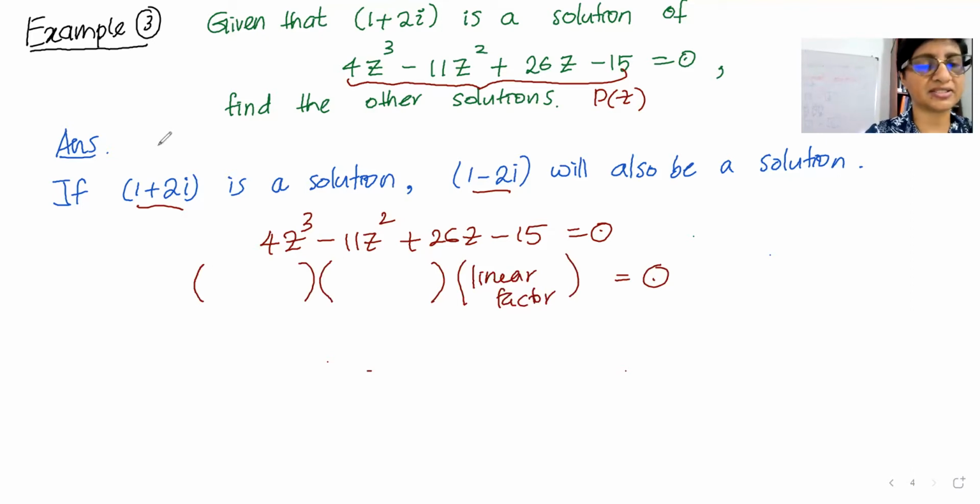Suppose this was just a real number, like this was 3. If 3 is a solution, what would be the factor? Can someone say it? Nathan? If x equals 3 is a solution of a polynomial equation, some p of x equals 0, okay, that means we know one linear factor of the polynomial p of x.